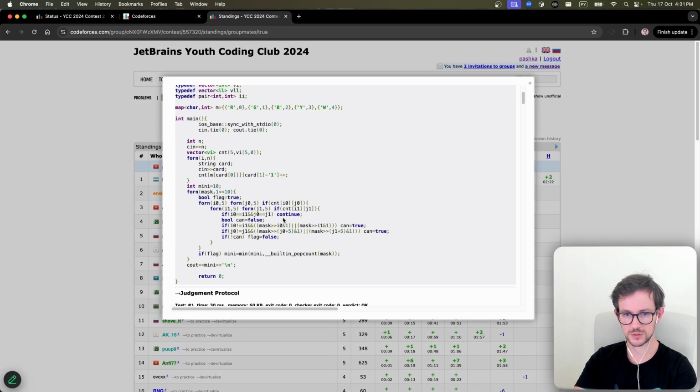Okay, this looks simpler. So I count the number of cards here. Here I iterate over all possible sets. Here you just check.